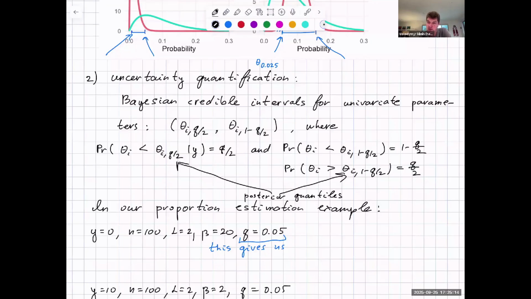Sorry, I just noticed the question. If we have two samples, does it make a difference whether we compute the posterior one by one or combine the samples into one sample? By two samples, if you mean the data, like we've collected data twice, sampled once and sampled twice.